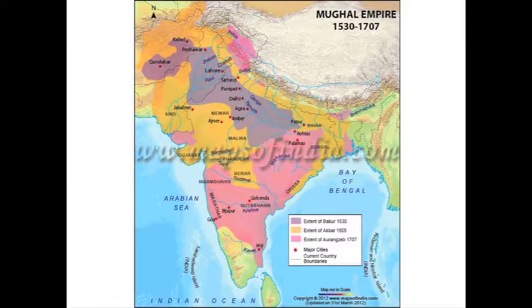The first ruler, Babur, established the lavender section. Then the next major front was developed by Akbar, around 1605, the yellow part added. And then the furthest extent was under Aurangzeb, which ended in 1707.